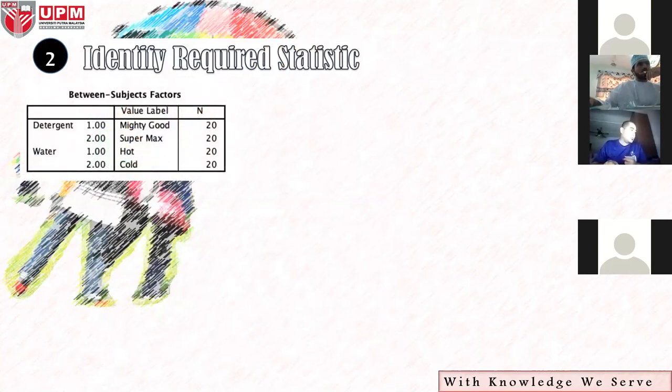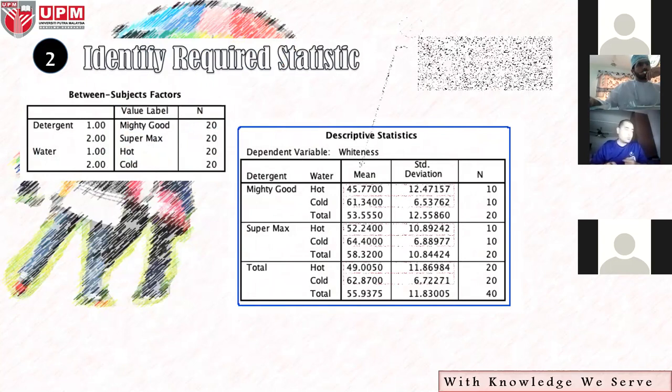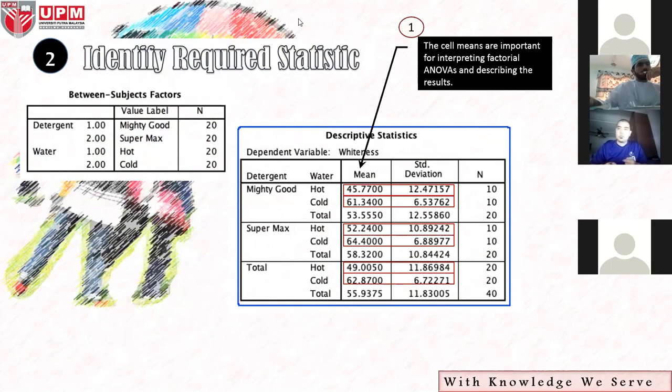Okay, done. Your results already appear. This is the first table, and the second table has the between-subjects factors and then the descriptive statistics. In the descriptive table, we can check the mean and standard deviation. This one we need to report in our final report later.